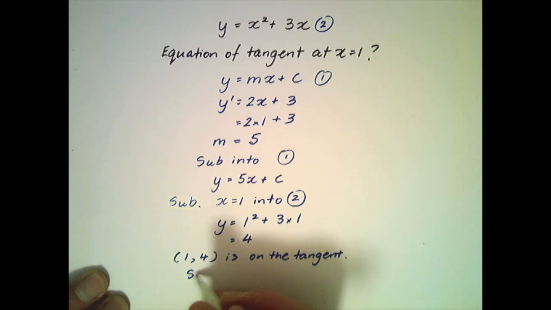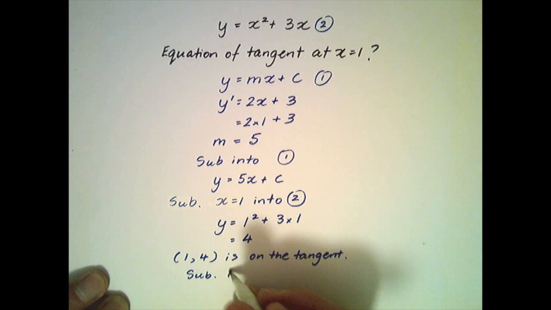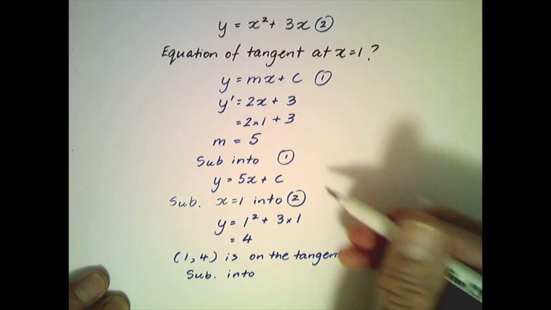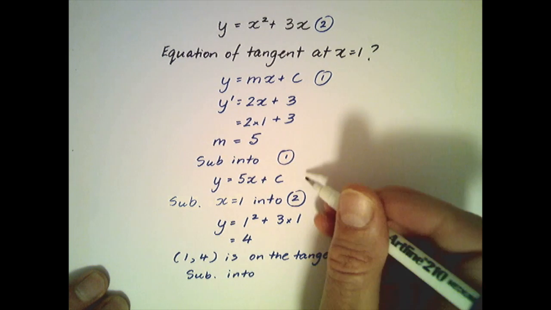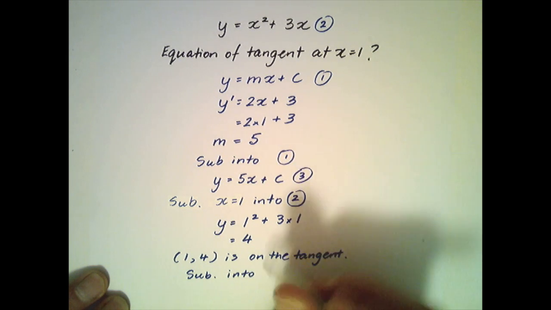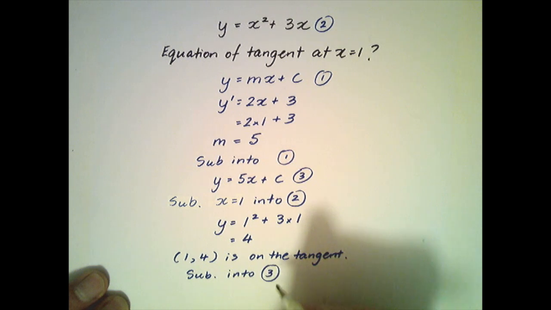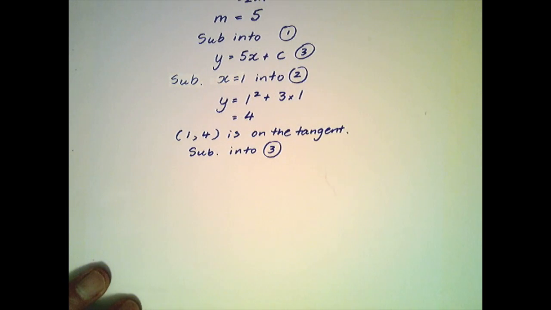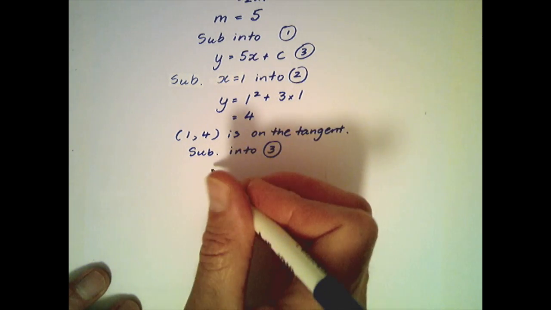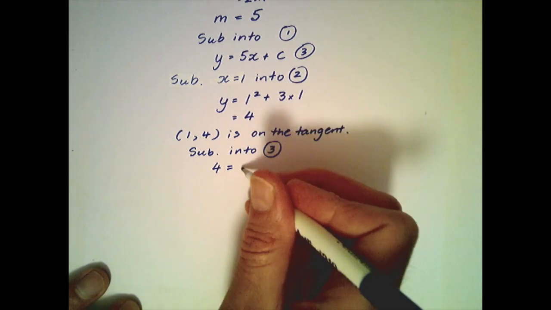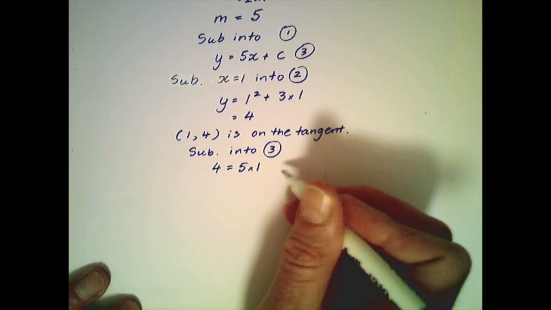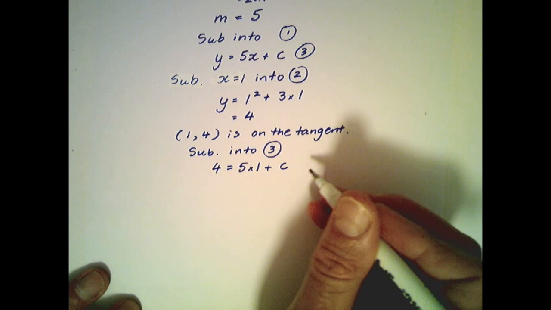And we'll substitute this into our tangent equation, which is this one here. We'll call that equation 3. So that means we've got 4, that's the y value, is equal to 5 multiplied by 1, that's the x value, plus c.